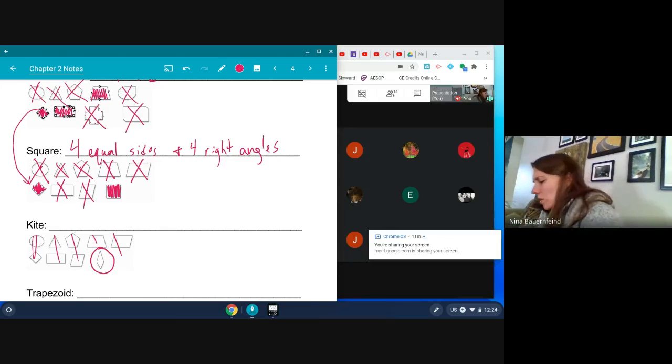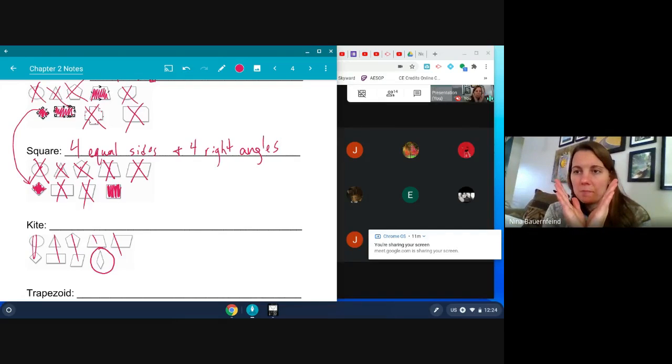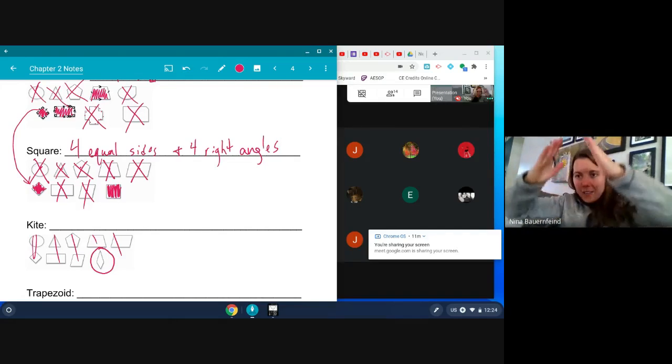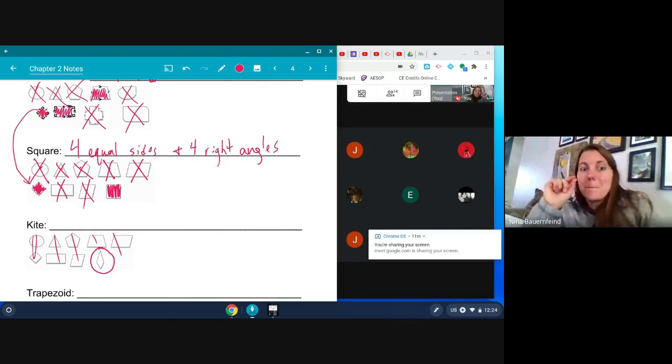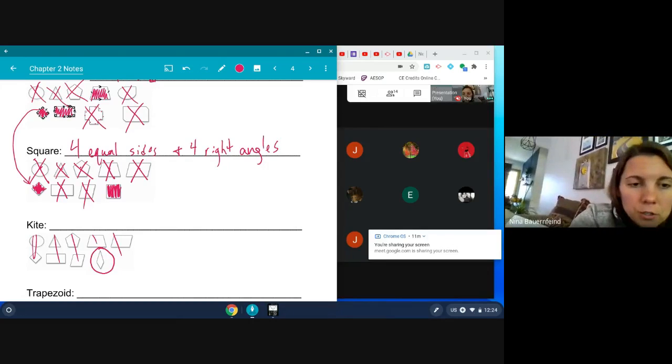So what you can see there is that it's kind of like a diamond. Two of the sides that touch are the same, and then the other two are also the same, but different from the first ones. So the way you would say this is two adjacent sides are equal, but different than the other two.